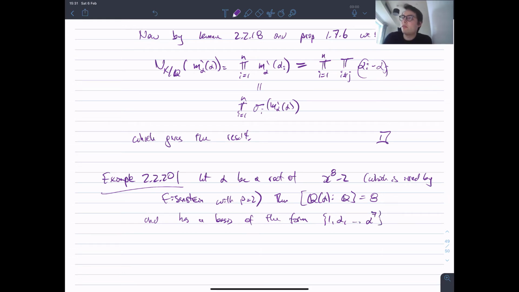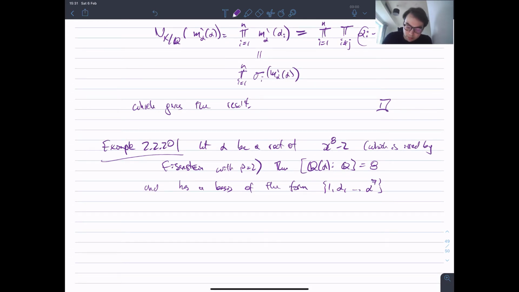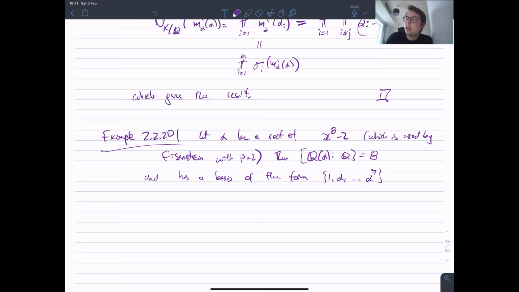So if I use the above proposition, therefore, the discriminant of this basis is minus 1 to the degree, so it's 8 times 7 over 2, times the norm from K to Q. I'm guessing I should do Q(alpha).